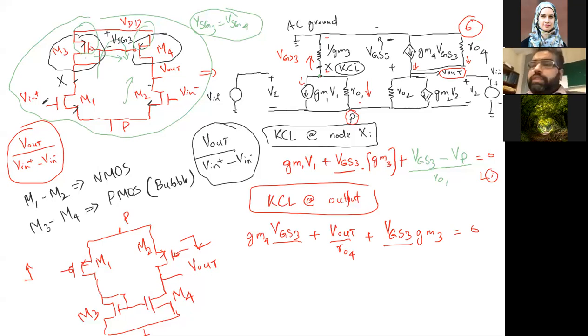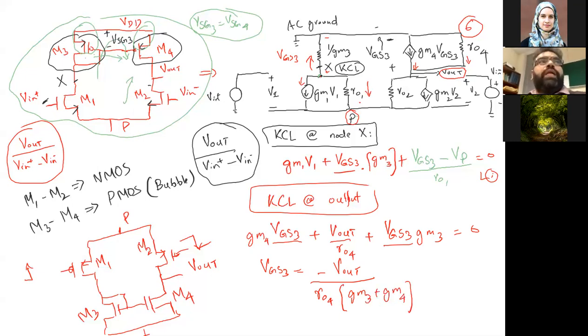If we want to do simple math and try to find the VGS3 value, since we are not interested in VGS3, we can bring it back and forth and see this will be equal to minus Vout divided by, I'm just writing directly, but if you can look for any mistakes, if I make any, it's going to be gm3 plus gm4.